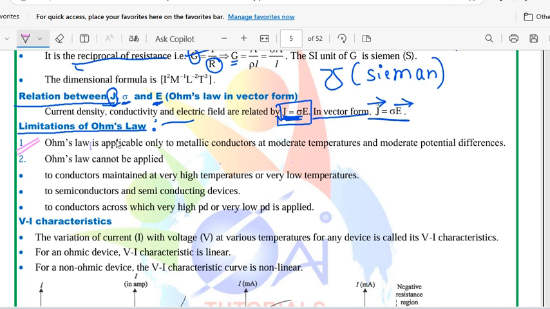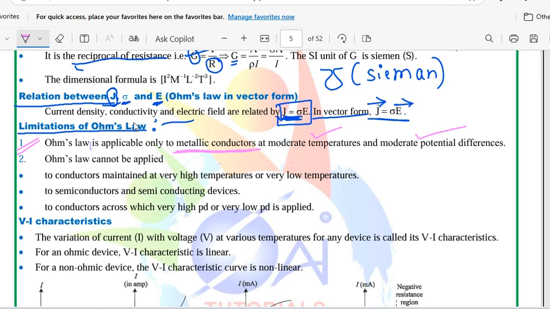First and foremost limitation: Ohm's law is applicable only to metallic conductors, at moderate temperature and moderate potential differences.